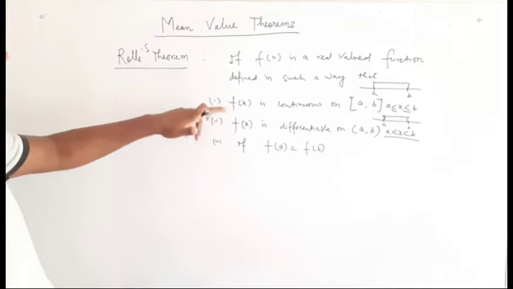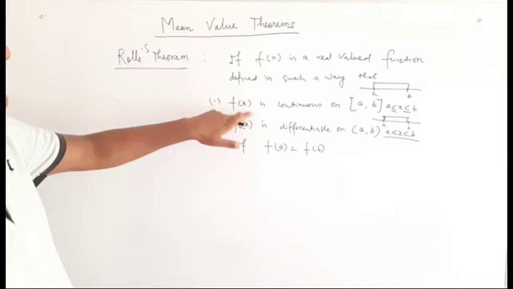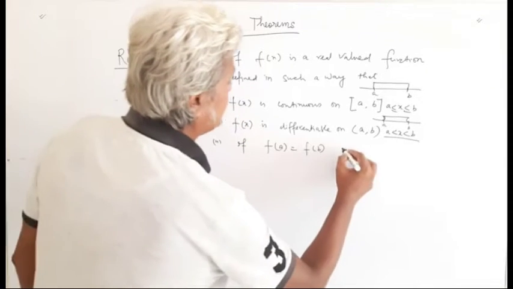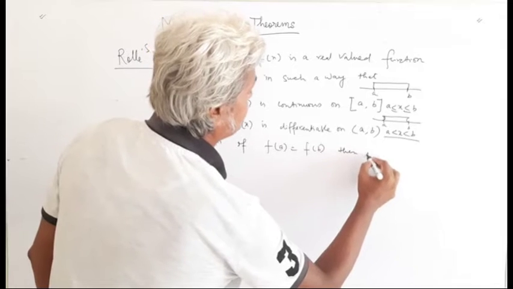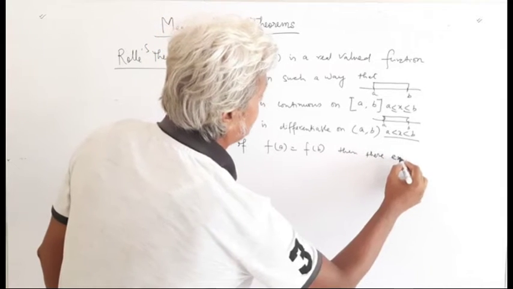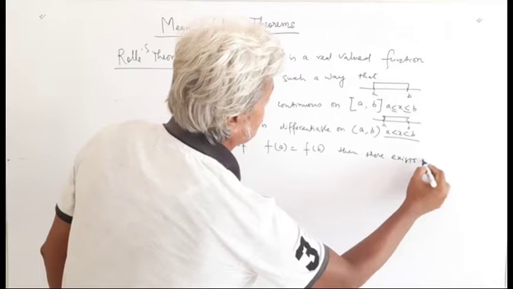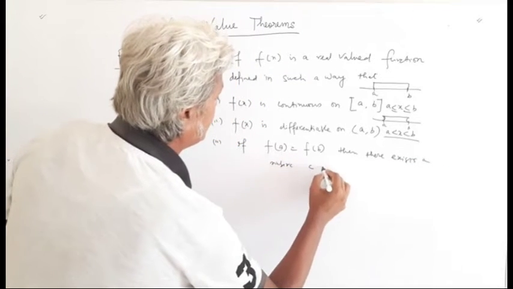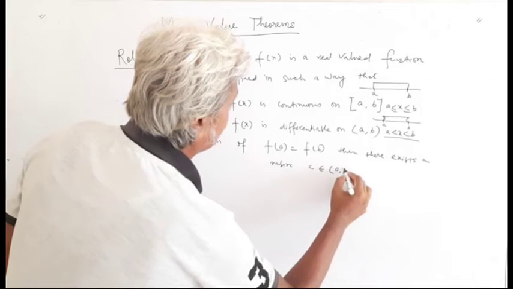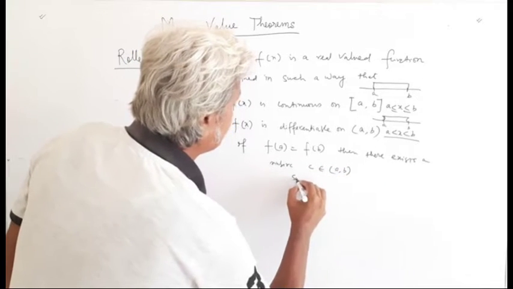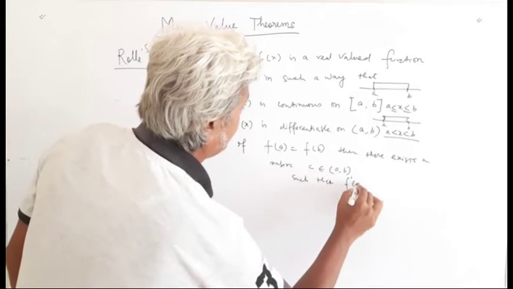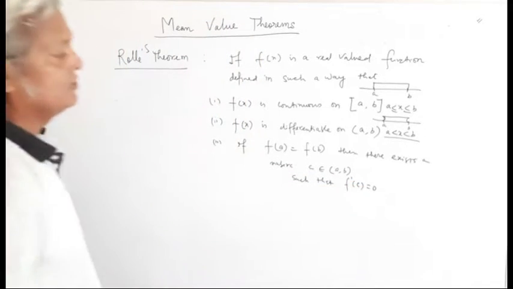If these three conditions are met, then there exists a number c between the open interval a and b such that f'(c) equals 0.